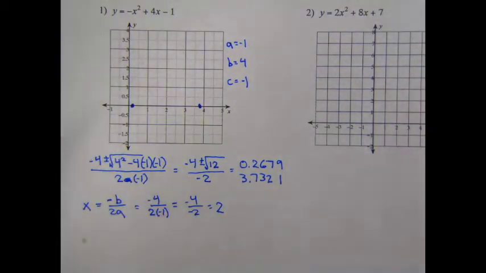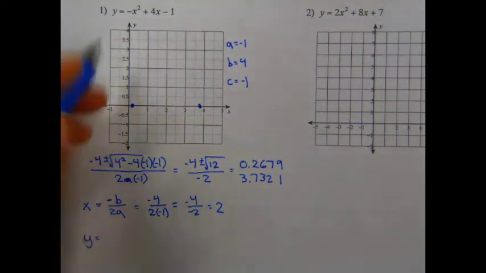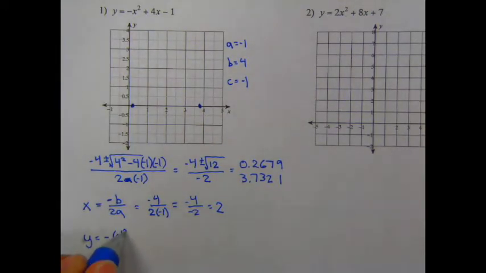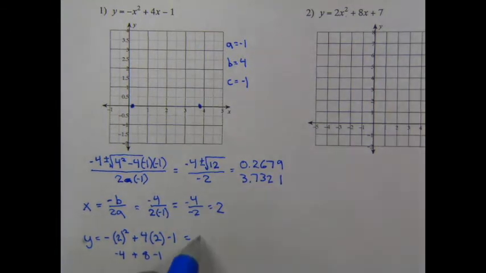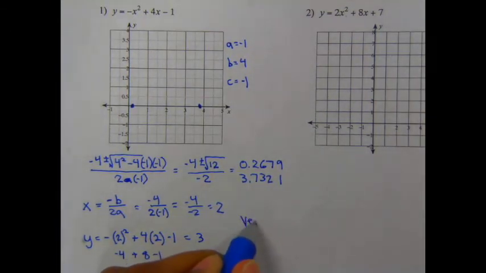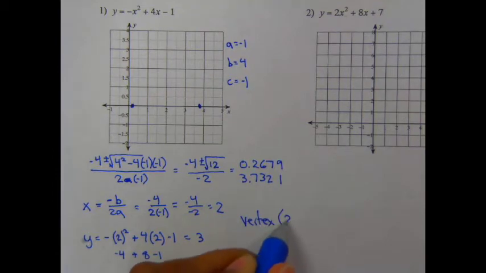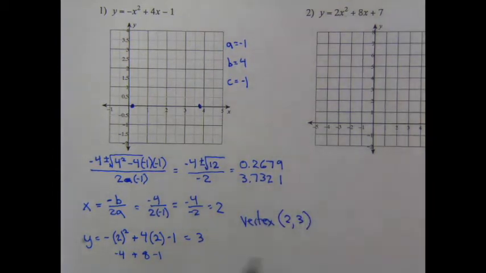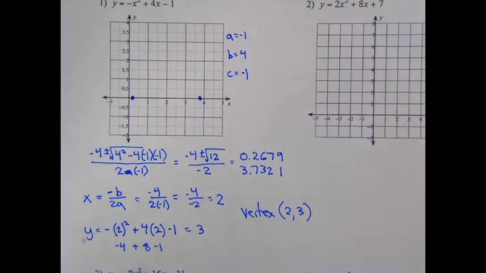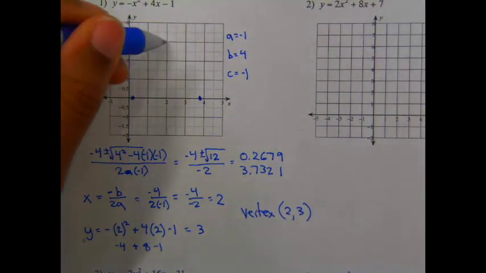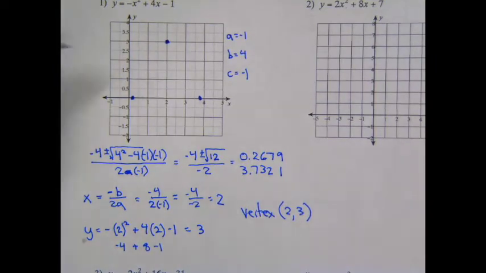Now we plug that back in to find the y value: y equals -2 squared plus 4 times 2 minus 1. That's -4 plus 8 minus 1, which gives us 3. So the vertex is at 2 for the x and 3 for the y. I come to my graph, go to 2, 3, and there's my vertex. Now I can just draw in the parabola.